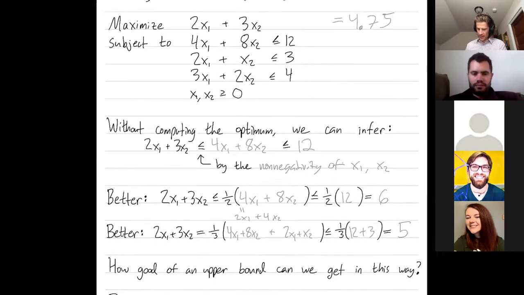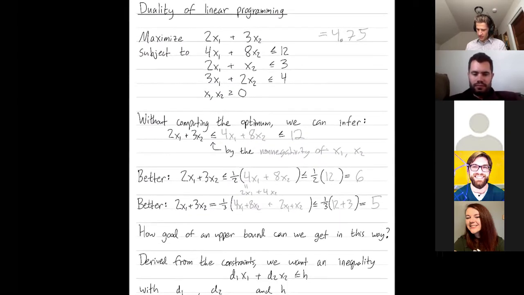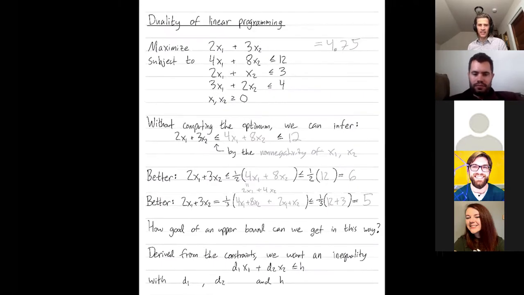So what is this game that we're playing? We're asking how good of an upper bound can we get, where we're looking for an inequality of the form d1x1 plus d2x2 is at most h. So that's coming from here, for example. H was 12, d1 was 4, d2 was 8, right above. What did we need in order to get this bound?